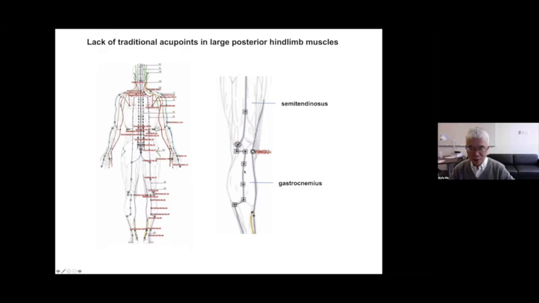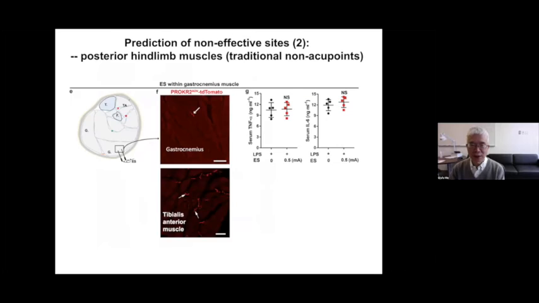And this is the region where the sural nerve is located. On each side of the sural nerve, there is a big muscle belly, the gastrocnemius muscle, or like the semitendinosus muscle, and you do not have a traditional acupoint. In fact, a lot of acupuncture studies use this, from the midline away and into the gastrocnemius muscle, as a non-acupoint control. And this is really, I think, quite amazing.